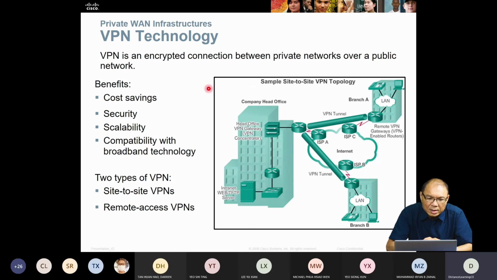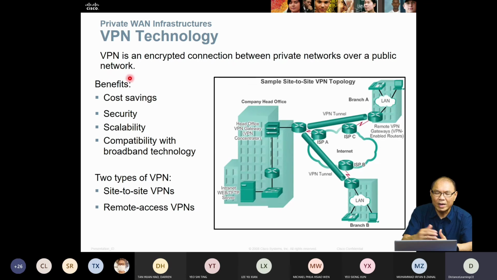What VPN does is use the current infrastructure of a public network and create a virtual link between the source and the remote site. So it says here, VPN is an encrypted connection between private networks over public infrastructure.